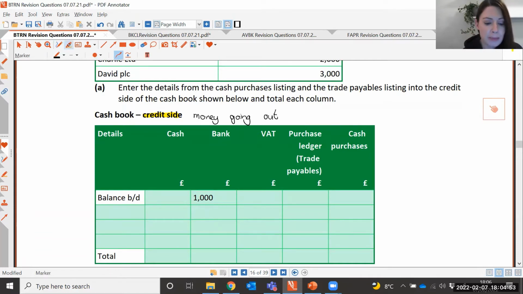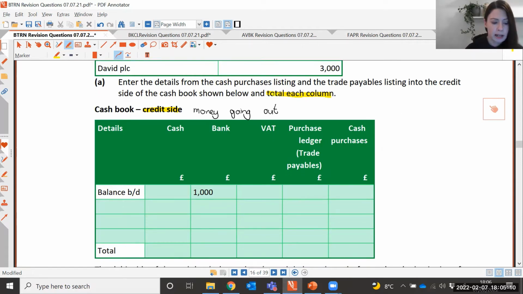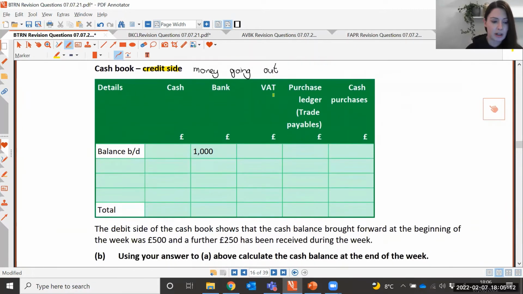And just make sure you do total each column, because sometimes when we see working from students, this is the part they forget. They do all the entries perfect, all the details and all the amounts. They just forget that bottom row to total up the columns. And as you can see, here we've got the cash book, and we've already got a balance brought down at the beginning of the month of £1,000 in the bank account.